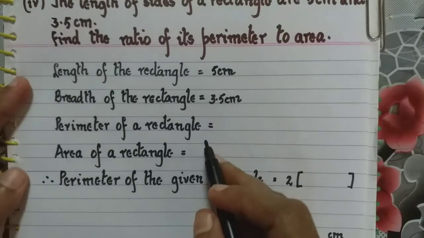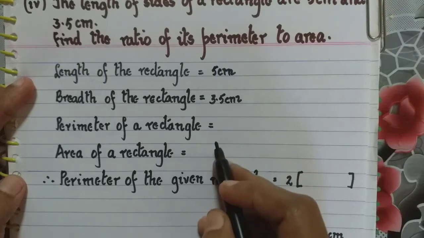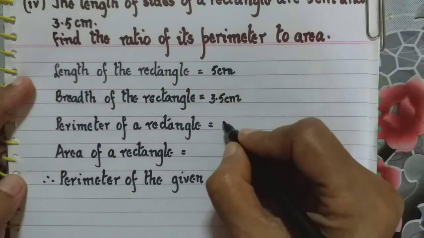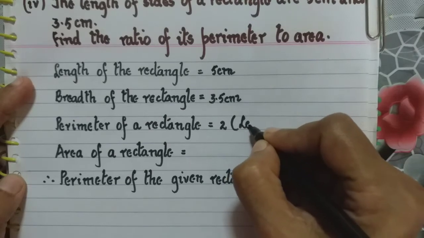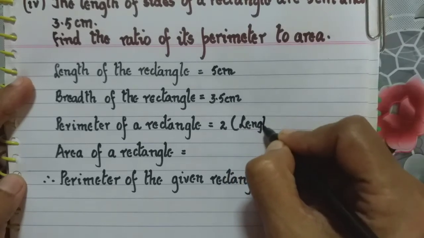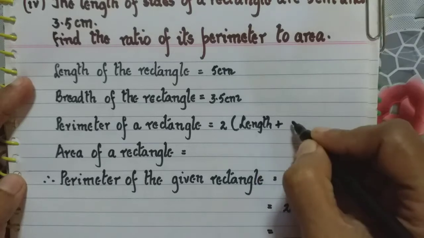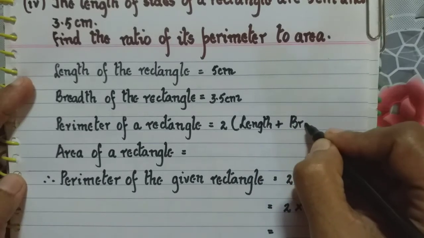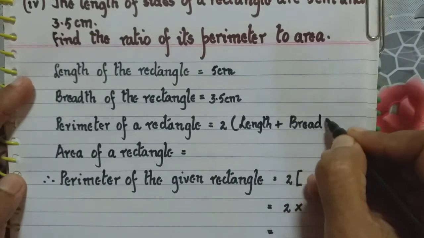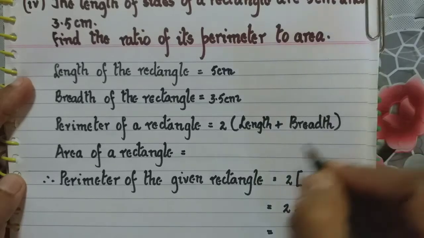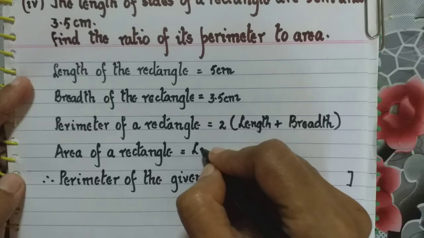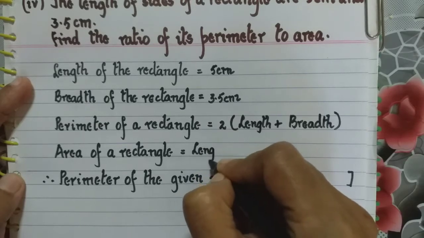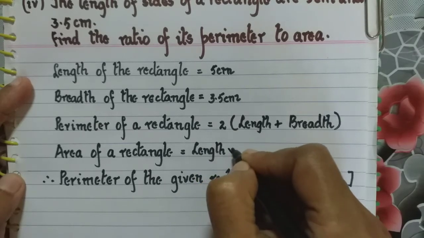Perimeter means the sum of all the sides of a rectangle. So it will be 2 bracket length plus breadth. What is area of a rectangle? Length into breadth.